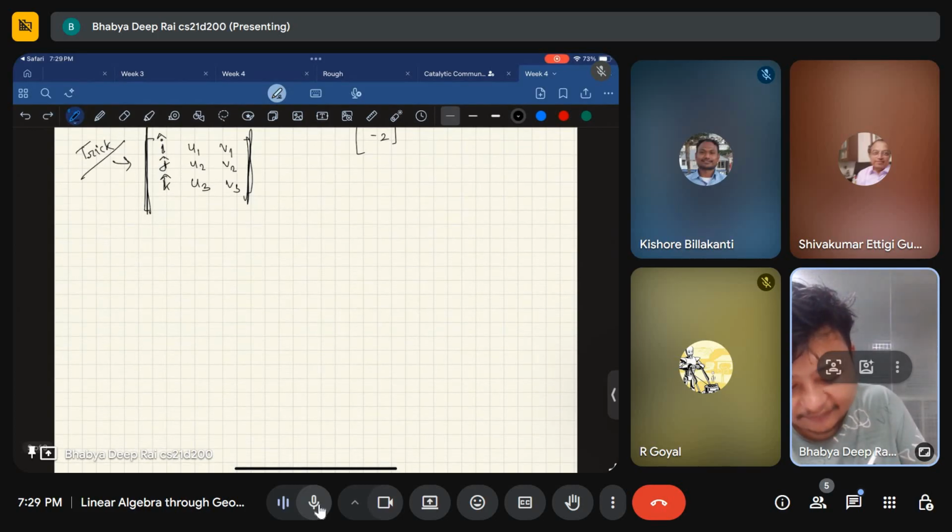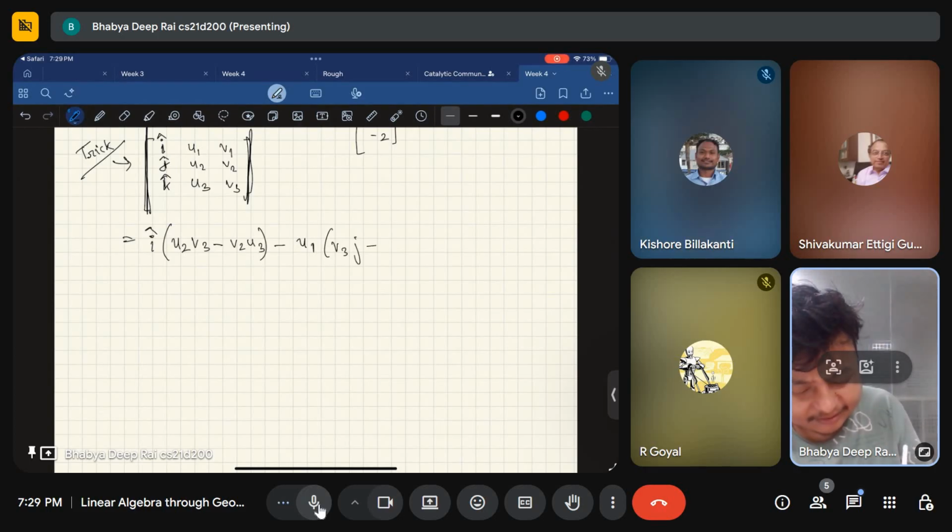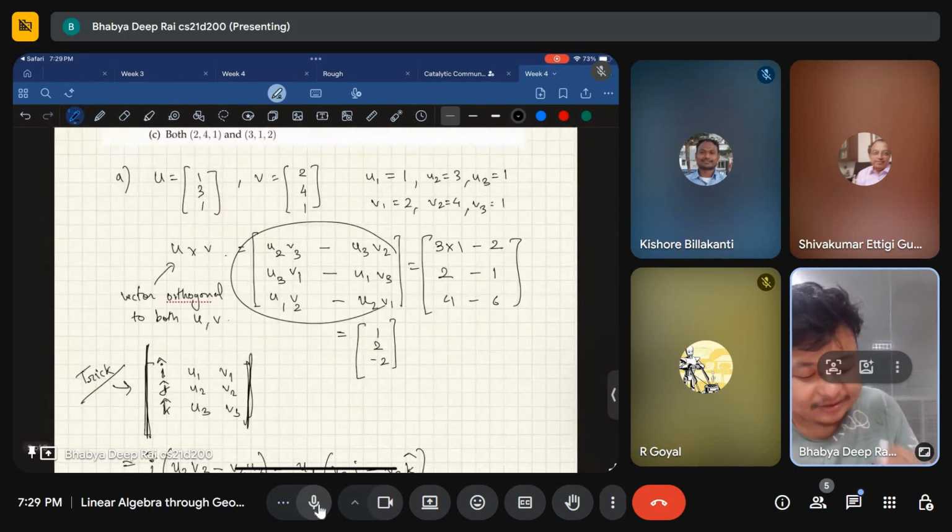But when you find the determinant, you take i out, and u2 v3 minus v2 u3, minus, and then you do u1 v3 j minus v2 k, and then group all the i j k together and so on, and then finally you will get this formula as a vector.